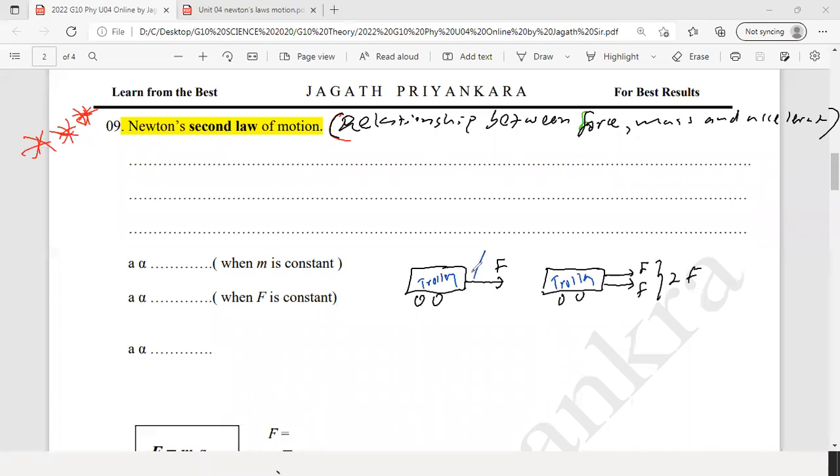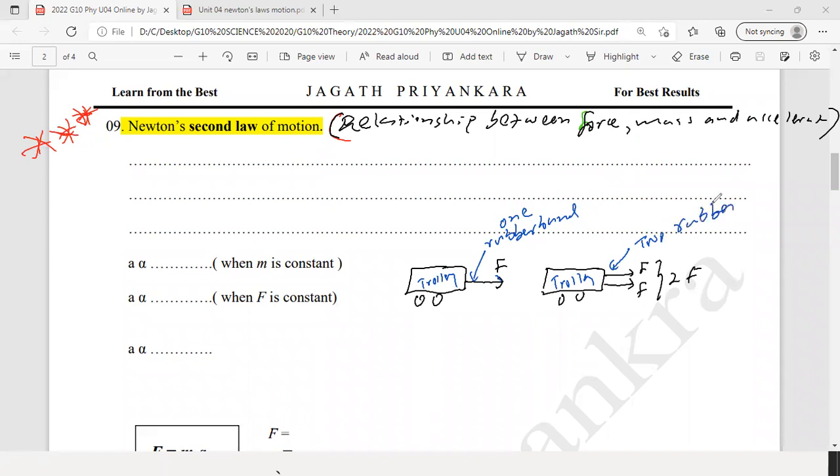You stretch the rubber band to a certain extent, and to the same extent you pull the other trolley with two rubber bands.